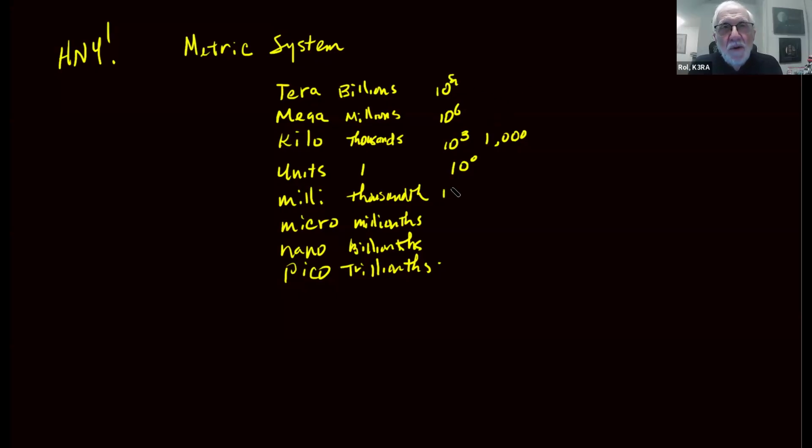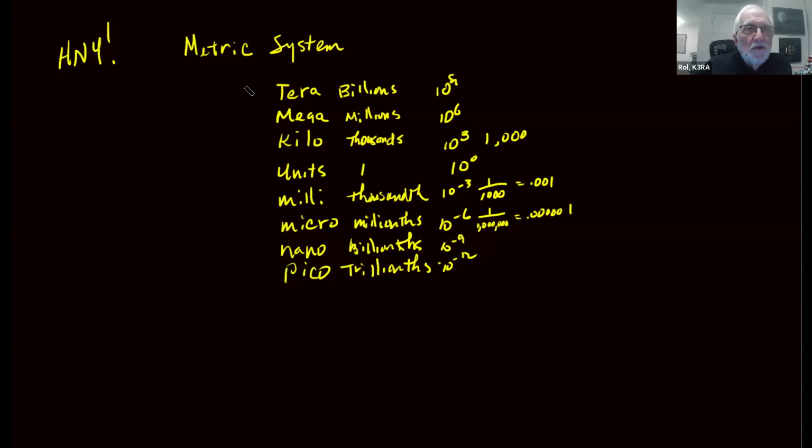And then these go the other way, 10 to the minus 3. Remember, that means 1 over 1,000, which is 0.001. 10 to the minus 6 is millionths, 1 over a million, which equals 0.000001. And 10 to the minus ninth, and 10 to the minus 12th.